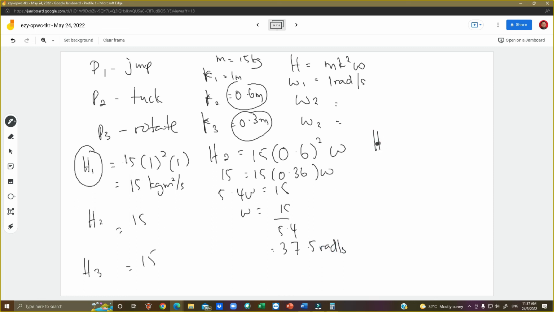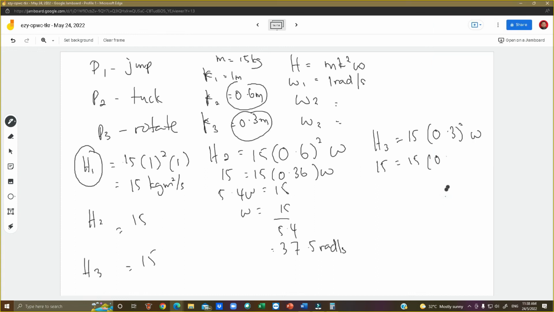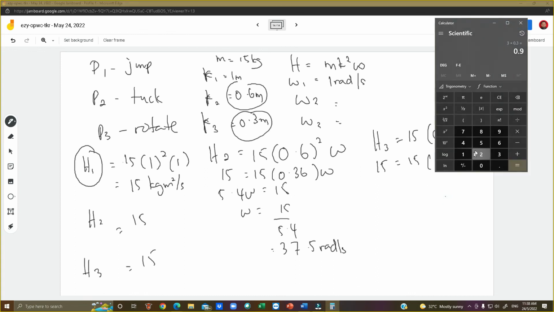Okay, and then we have H3 equals to 15. Now, dia punya radius of gyration lagi pendek. Square omega. H3 is 15 equals to 15 times 0.3 square. 0.09.